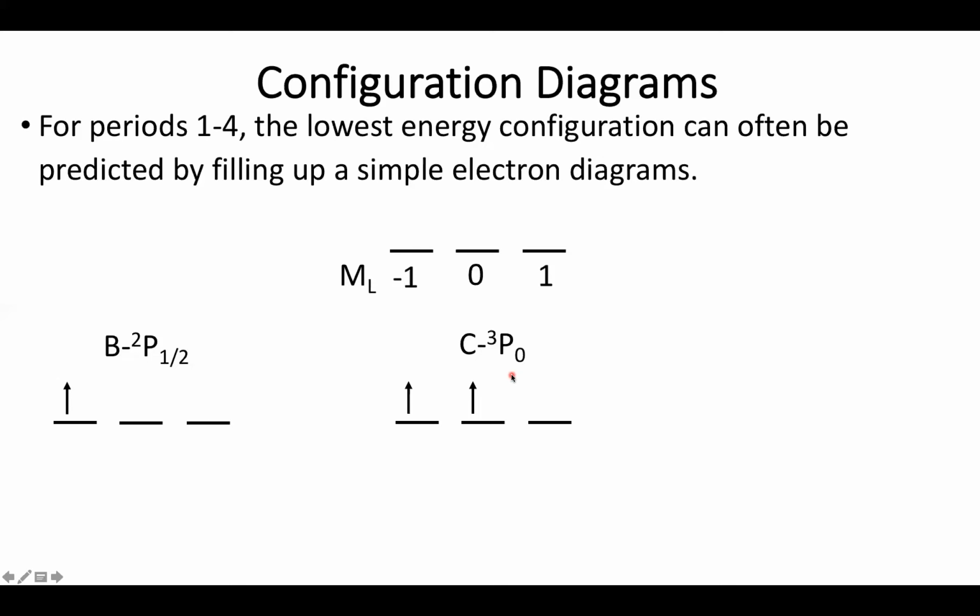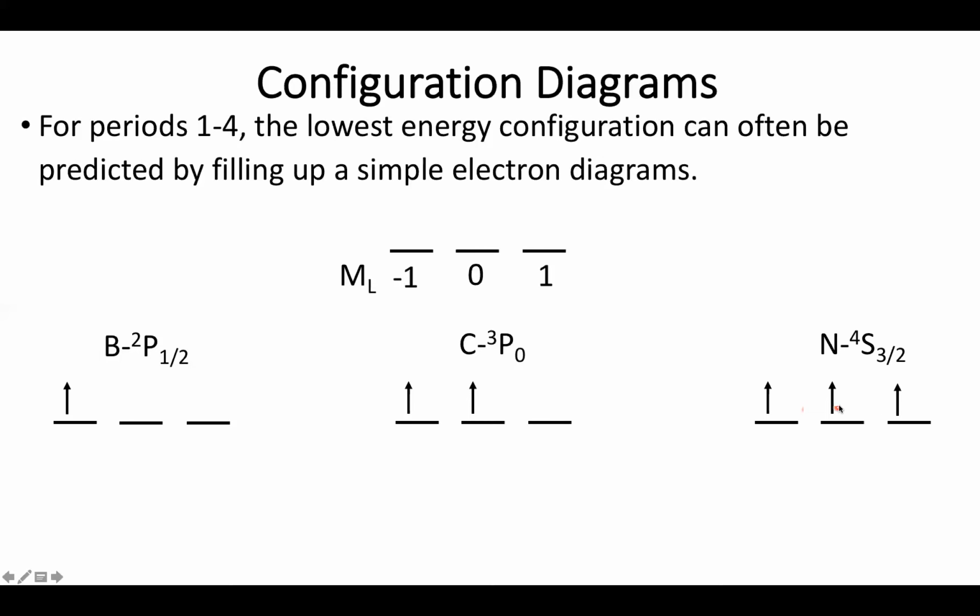So we can go ahead and extend this to adding in a third electron and generating nitrogen. When we do this, we have an L value of 0, because -1, 0, +1, everybody cancels out. I have an L of 0, so I have an S state.